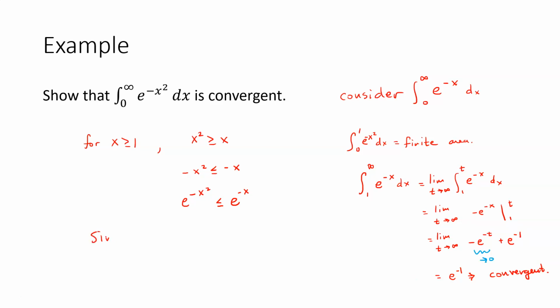Okay, so since the integral from 1 to infinity of e to the negative x is convergent, and we know that what we showed up here is that e to the negative x squared is less than or equal to e to the negative x, then the comparison theorem shows us that the integral from 1 to infinity of e to the negative x squared is also convergent.